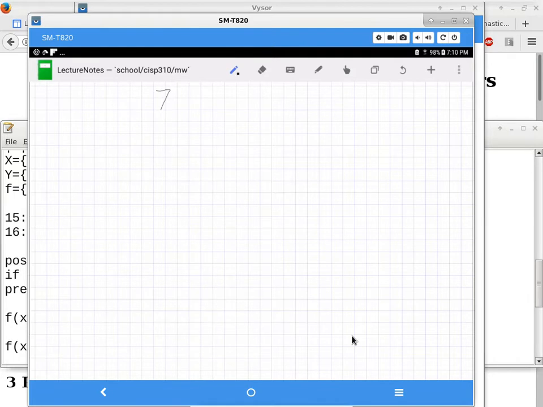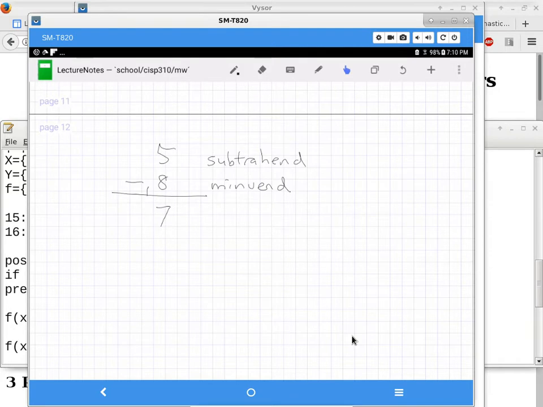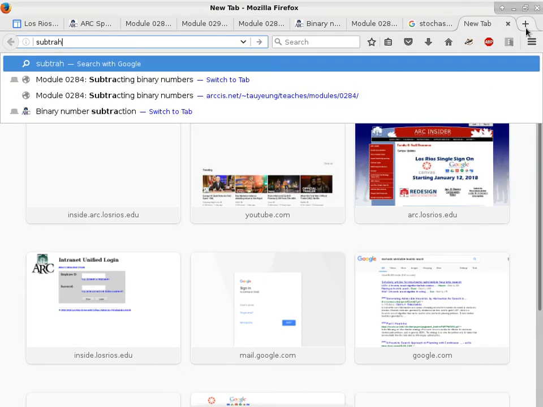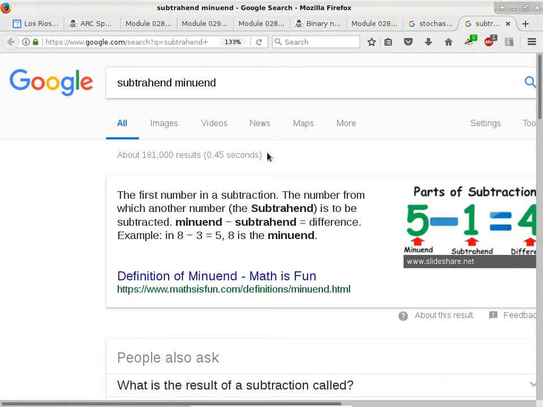Minuend is the second number, is the amount that you are subtracting from. I spelled it as minuend, but I could be wrong, so I'm going to double check that. Subtrahend and minuend. Okay, so let me zoom. So okay, I got it flipped.